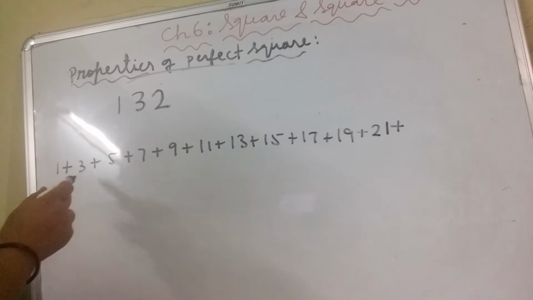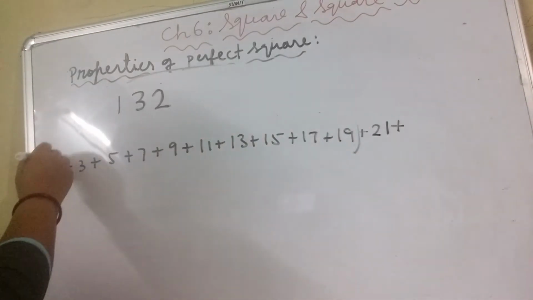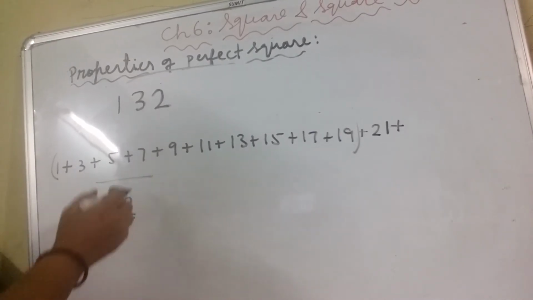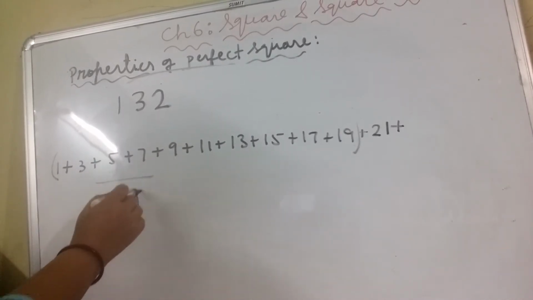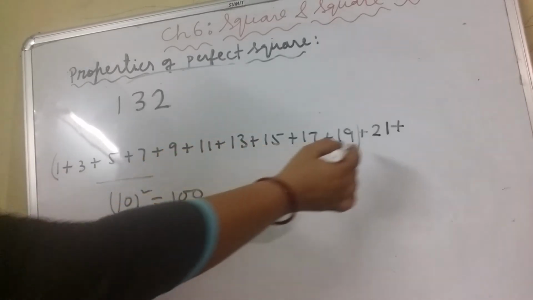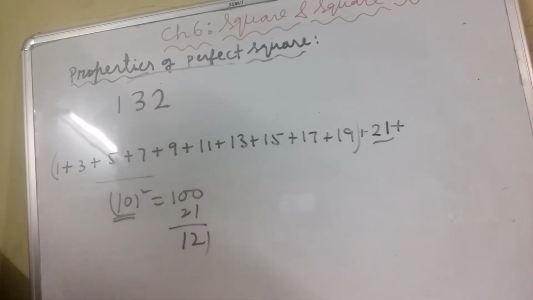Up to 19 there are 10 odd numbers, and that gives 100. The next odd number is 21; if I add, it will be 121.